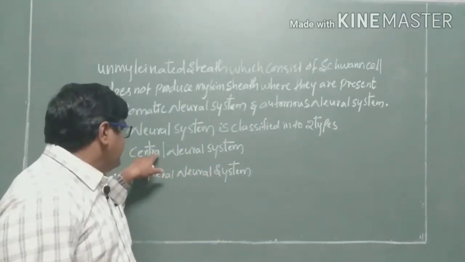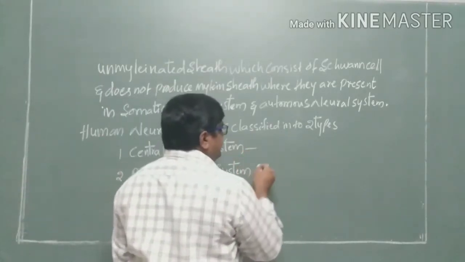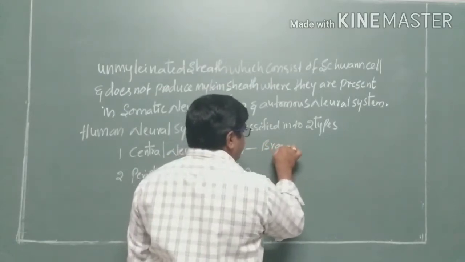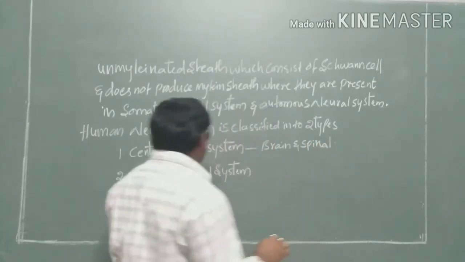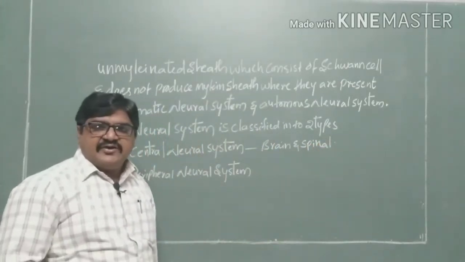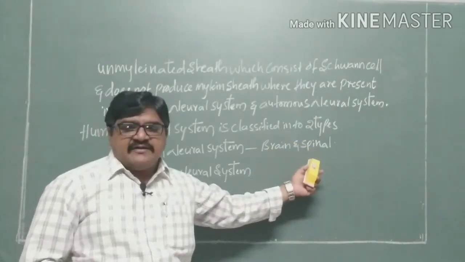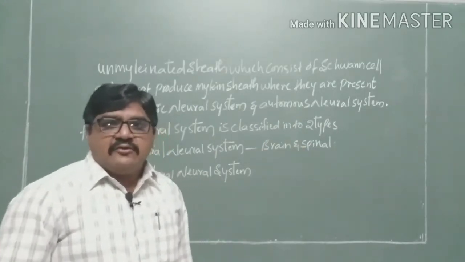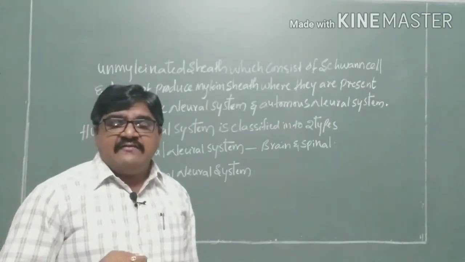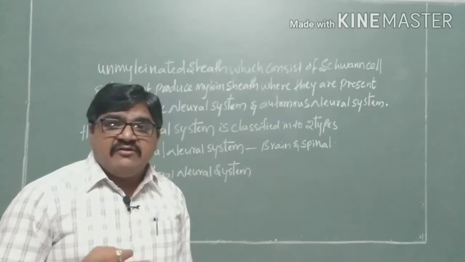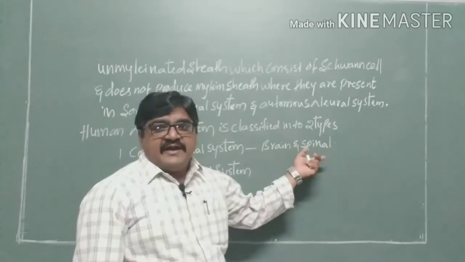The central nervous system is classified into two parts, the brain and the spinal cord. These are very important organs in the central nervous system, because the controlling and coordination of the body takes place with the help of the brain as well as the spinal cord.